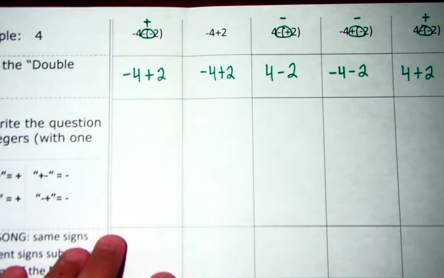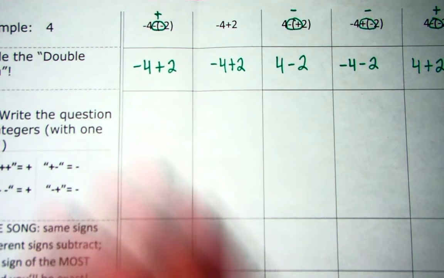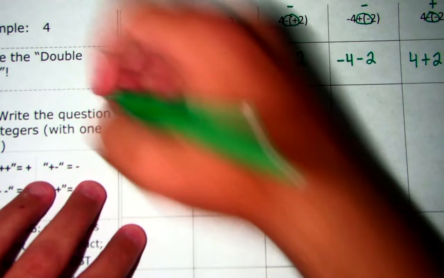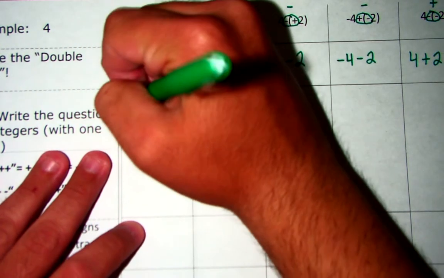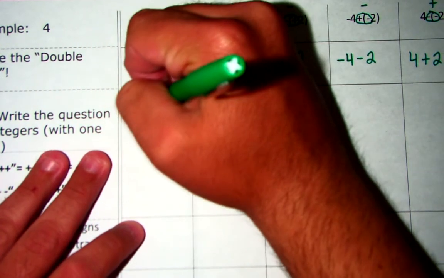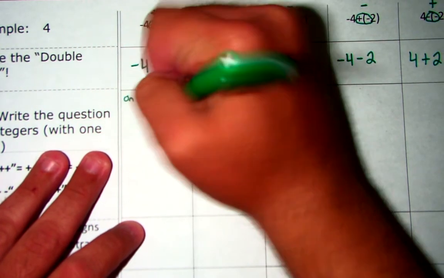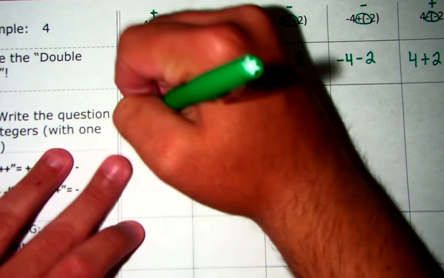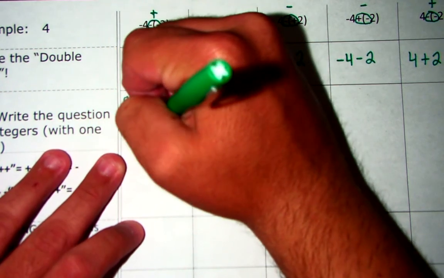All right. So now verbal description on the double signs. Again, double signs are signs that are back to back.